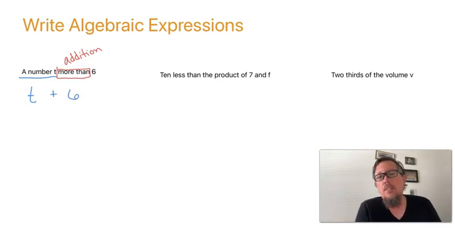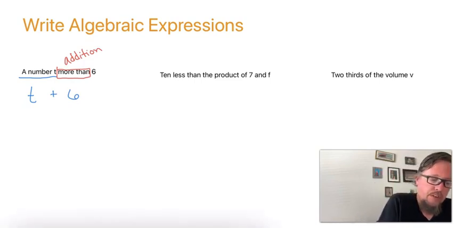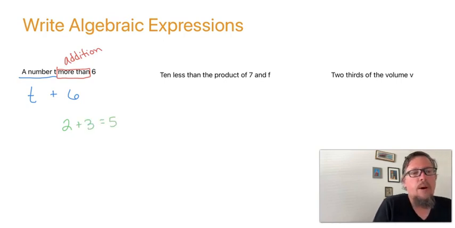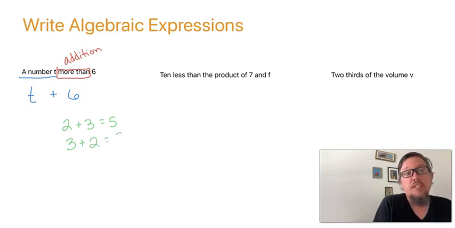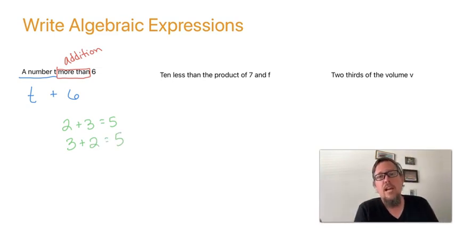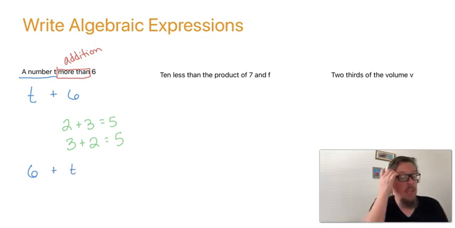However, with addition, the order does not matter. You can prove this very simply: 2 plus 3 is 5, but what happens if I add those in a different order? What if instead of 2 plus 3, I do 3 plus 2? Still 5. So the order in which I add two numbers does not change the solution. I could write t plus 6, and I can also write 6 plus t.